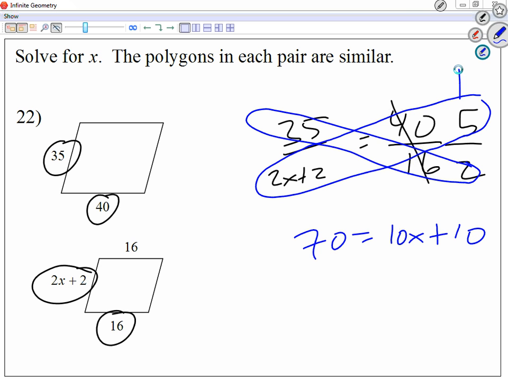Once again, the single number, make sure you multiply it to both. And when I say both, those things separated with the plus or minus. All right, now my plus 10, let me move it over here as a minus 10. So I have that 60 is equal to 10x. What's x? 6.